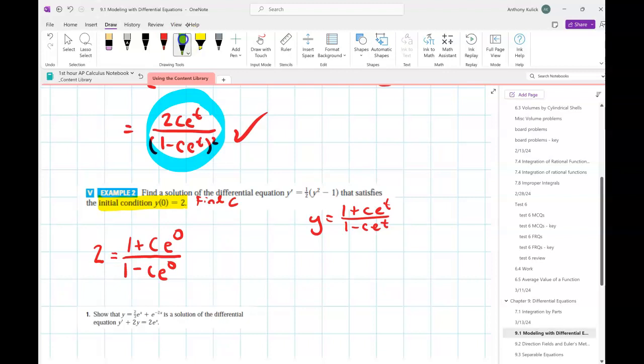What's e to the 0? 1. So those just disappear, right? So to solve for c, I'm just going to multiply both sides by 1 minus c. I subtract 1 from both sides and add 2c to both sides, and I get that c is 1/3.